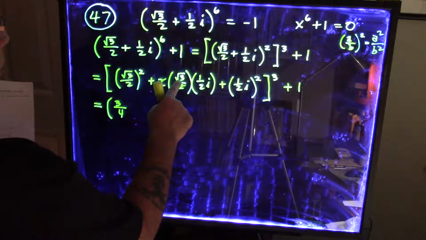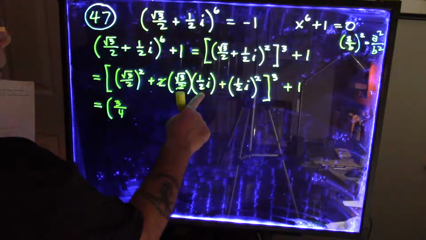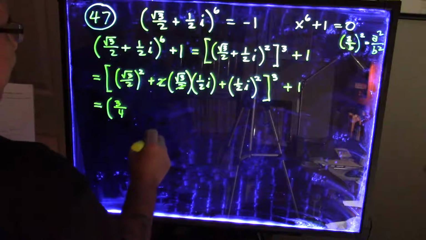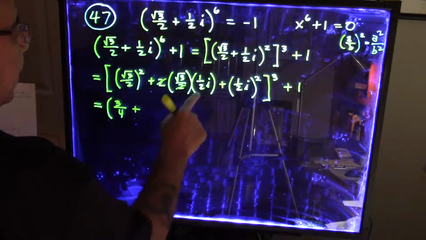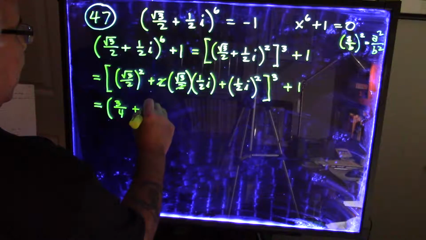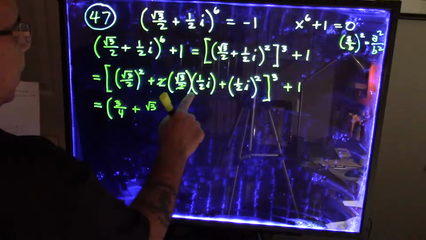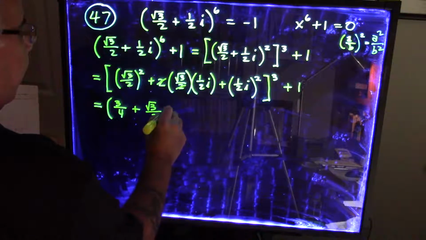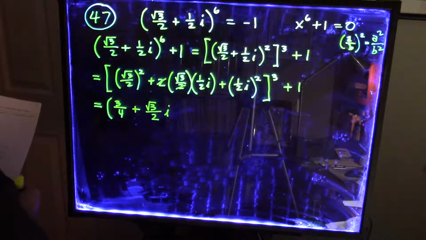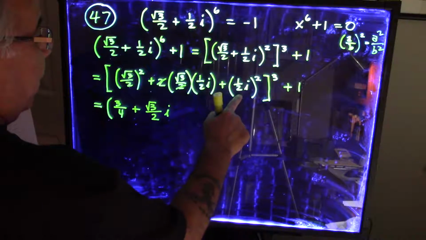Alright, so that leaves you with square root of 3 times 1 just over 2i, right? So that's plus square root of 3 times 1 is just square root of 3, and then over 2i. Alright? Okay.